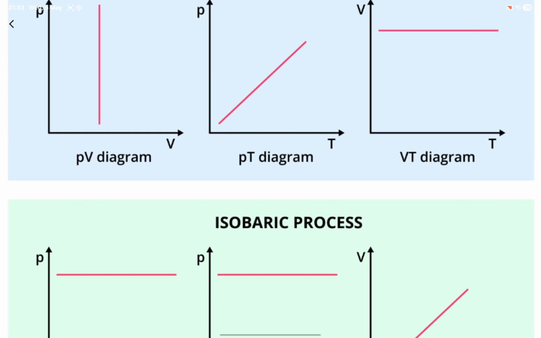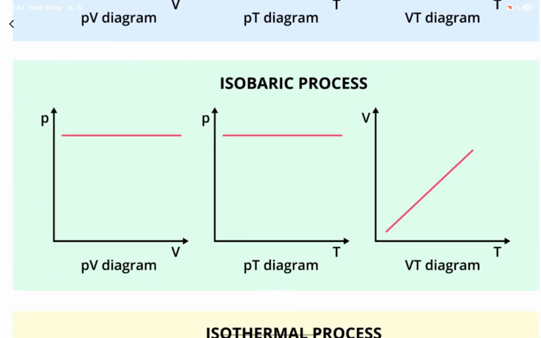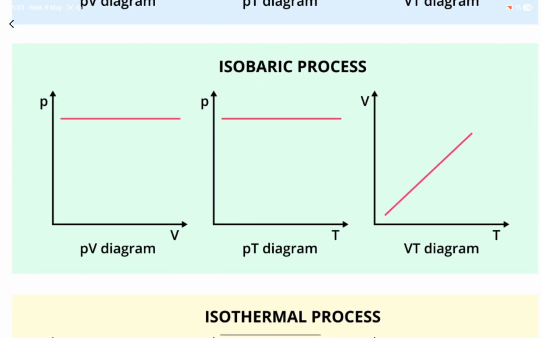Okay, so let's talk about isobaric process now. Isobaric process means that in this system, pressure is fixed, meaning that the change in pressure is equal to 0. So what does the graph tell you?